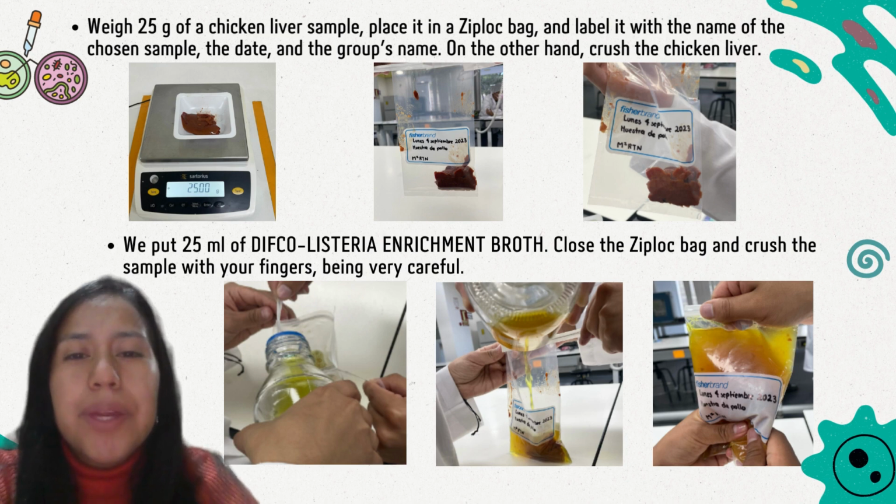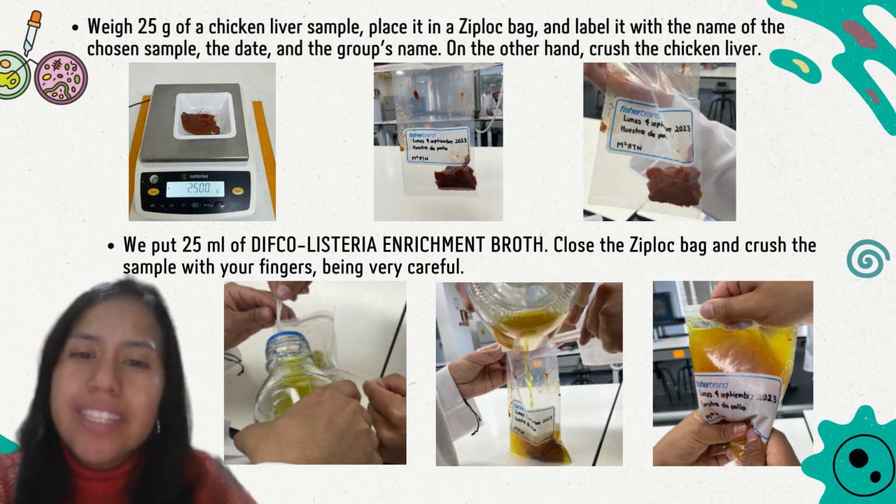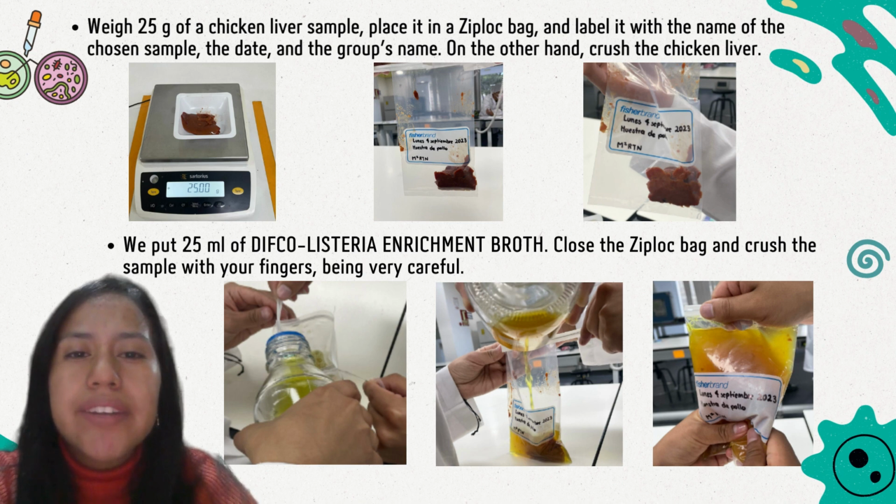First, we must disinfect the work area, comply with all safety measures, and be properly dressed. Firstly, weigh 25 grams of a chicken liver sample. Place it in a Ziploc bag and label it with the name of the chosen sample, the date, and the group's name. On the other hand, crush the chicken liver.